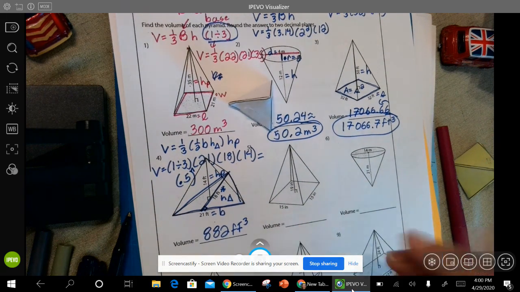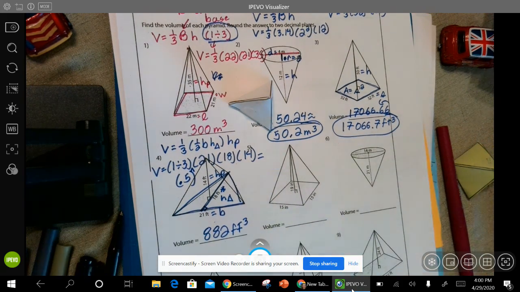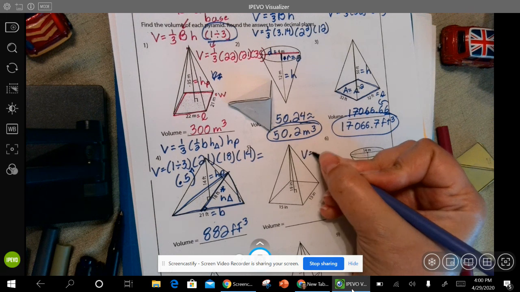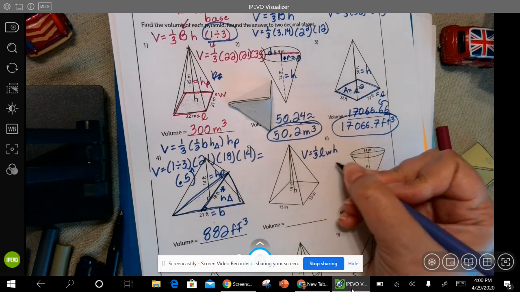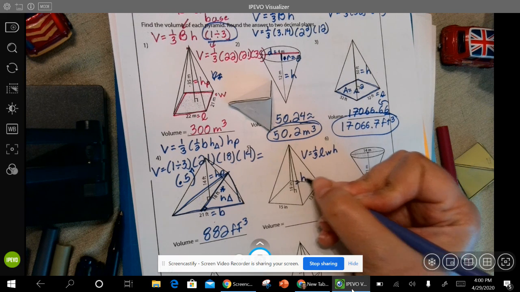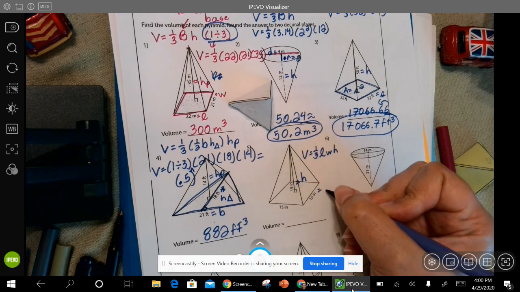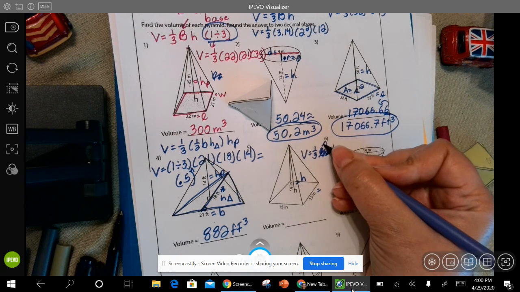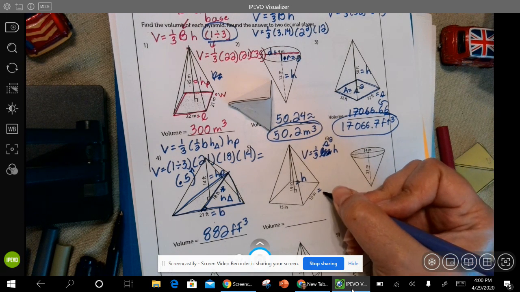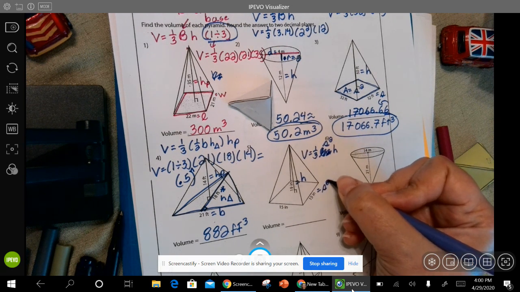Okay, so let's do again for this one, everybody. So volume is going to be equal to 1/3 length times width times the height. 19 is the height. This is actually a square, so I'm going to use side squared. This is the sides.